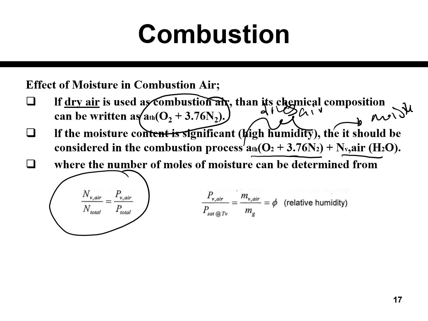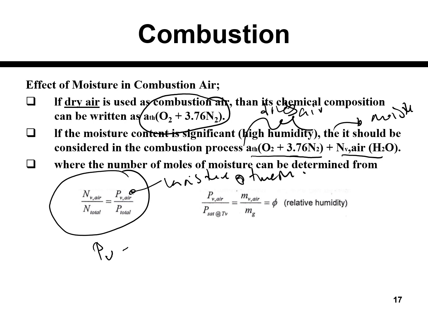Okay, so the number of moles of the dry air can be calculated by using Pv over P total, where Pv is the partial pressure of the moisture at temperature.